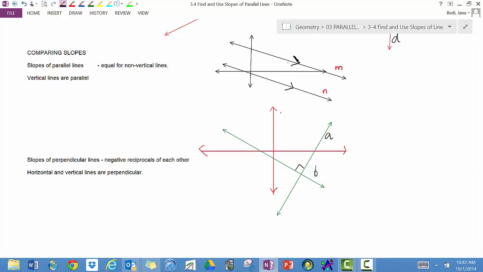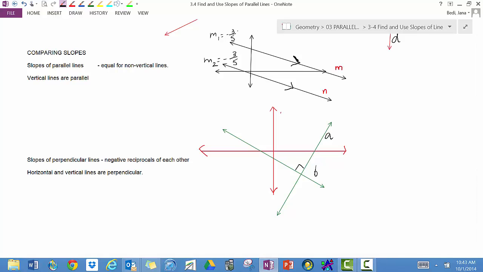So if the slope of the first line, and I'll call this M1, equals negative 3/5, then the slope M2 of line N is also negative 3/5. So the slopes are equal, sign and everything.